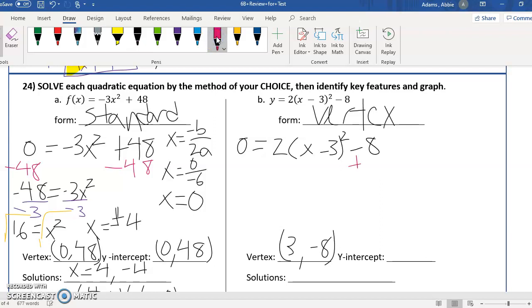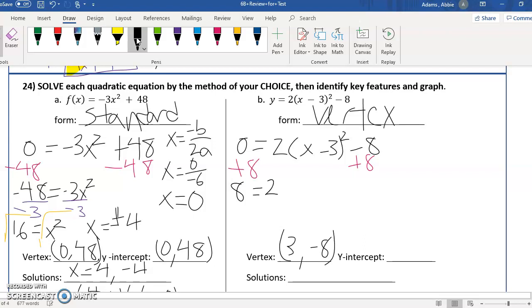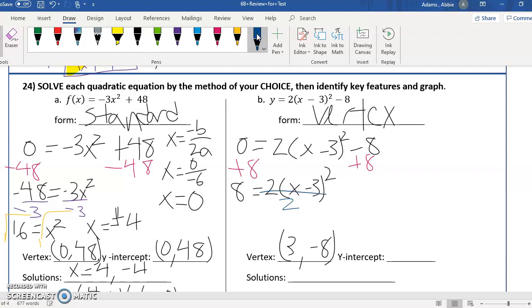First step I'm going to do is add 8 to both sides. So this gives me 8 equals 2 times (x minus 3) squared. I'm then going to divide both sides by 2. 8 divided by 2 is 4.